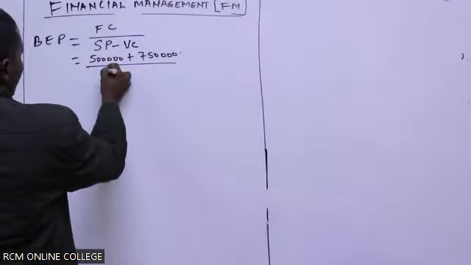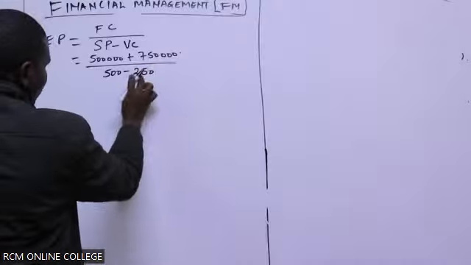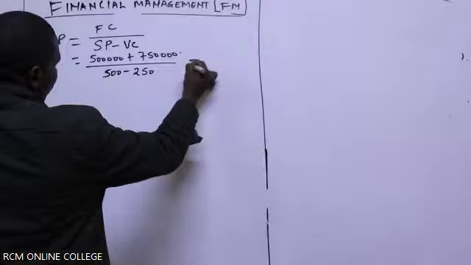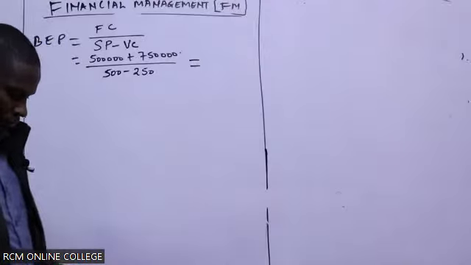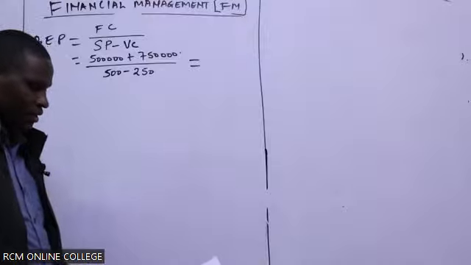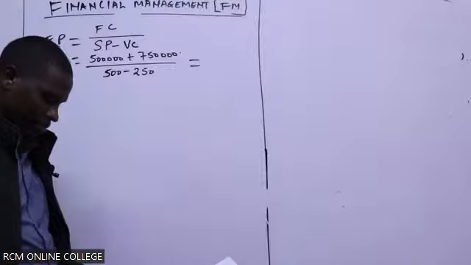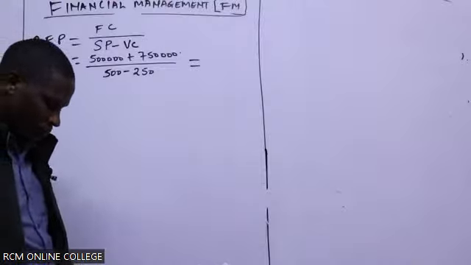So variable cost will be 500 minus 250. Na tumepata hii 250 aje? 50% of our sales. So whatever that you get will be your break point. Break even quantity of sale in unit. Hiyo itakuwa ngapi? Patie hiyo. Tumalizane tuende kwa hiyo ingine ya quantity.